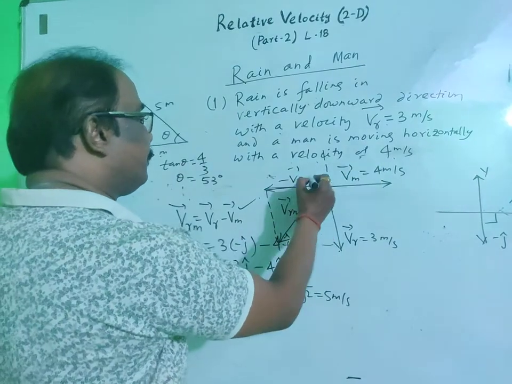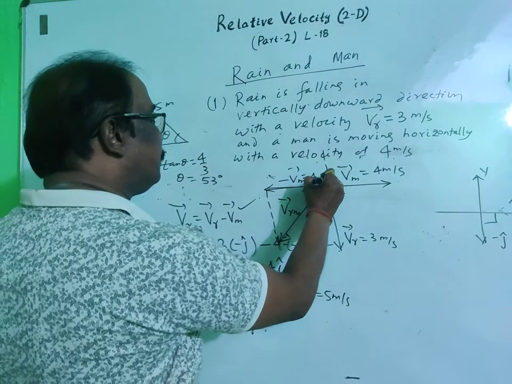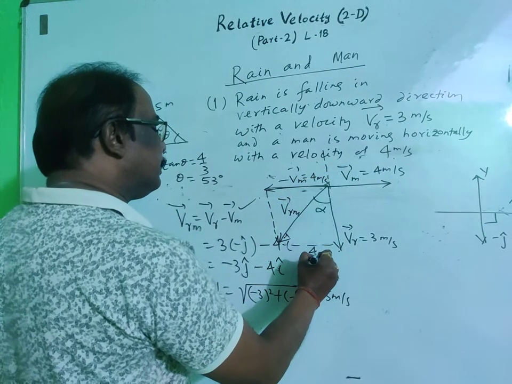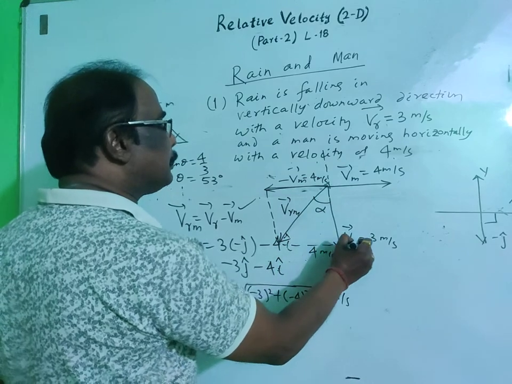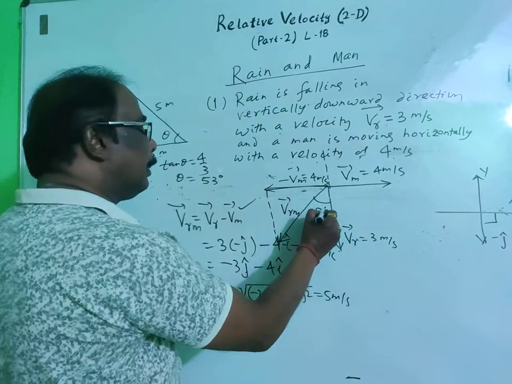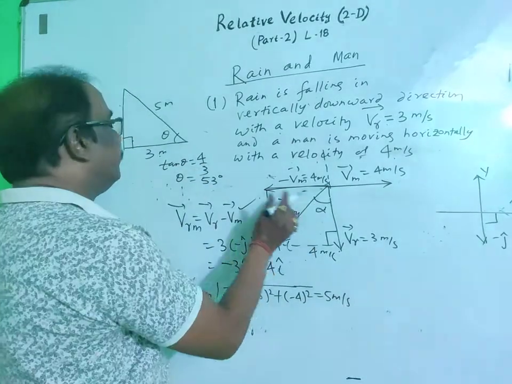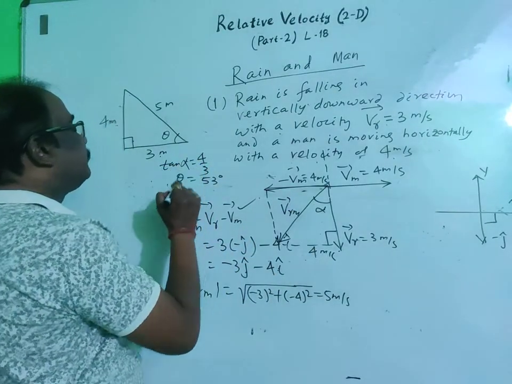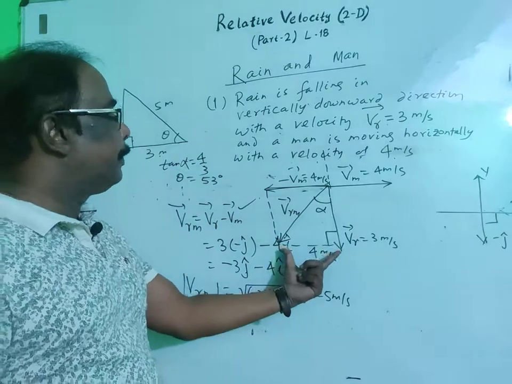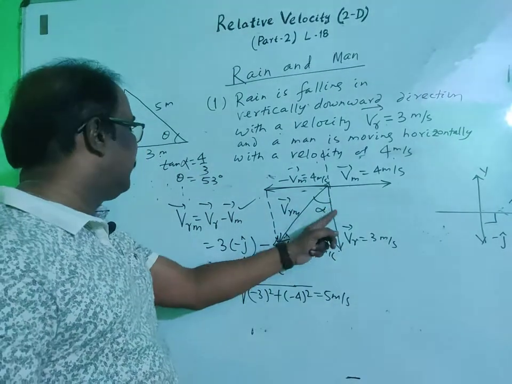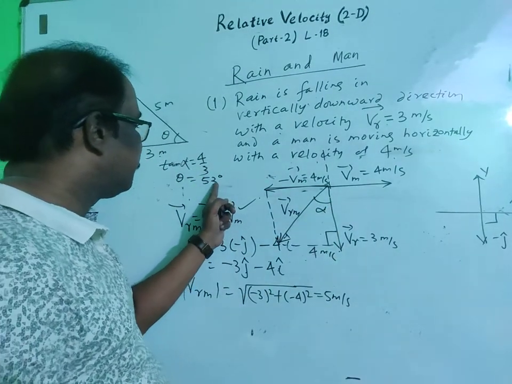So magnitude of velocity of man is 4 meter per second. Again the same thing: this is 4 meter per second, this is 3 meter per second, this angle is alpha and this is 90 degree. Again tan alpha is equal to perpendicular upon base, 4 by 3, alpha is 53 degree.